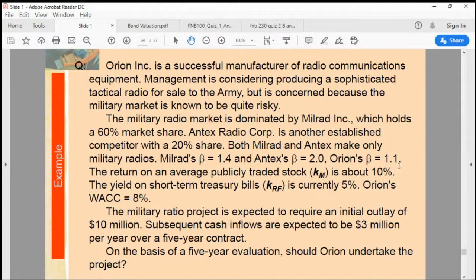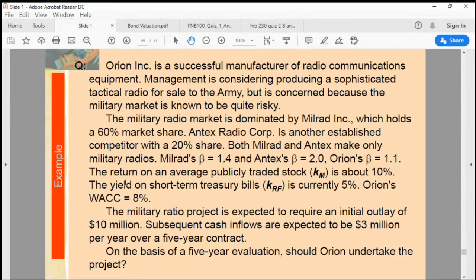Orion's beta is very stable and steady, but that's because Orion is currently not in the military market but in the civilian market. They must have been successful in the civilian market, and they are trying to venture into the military market. So this is a new venture.